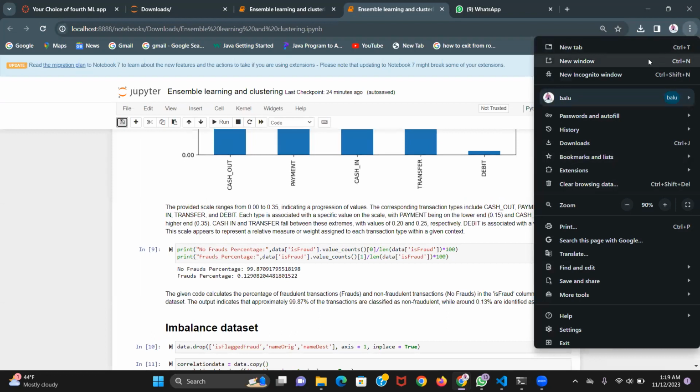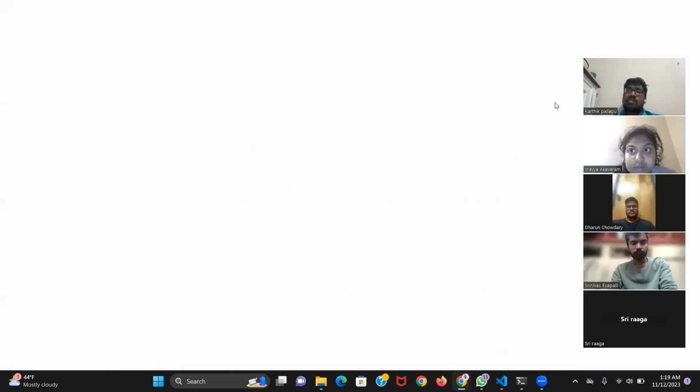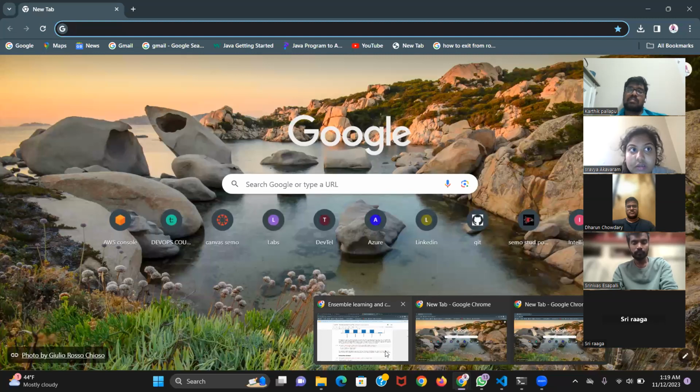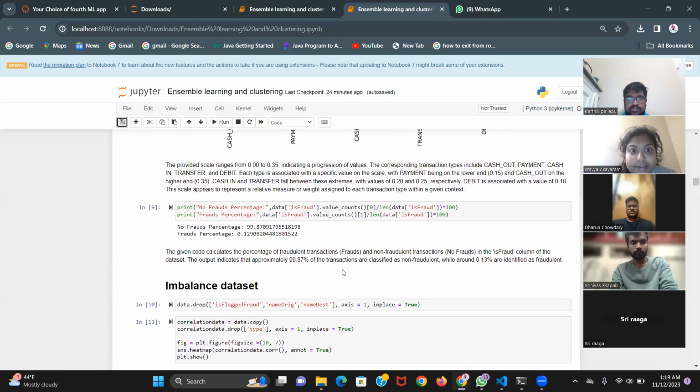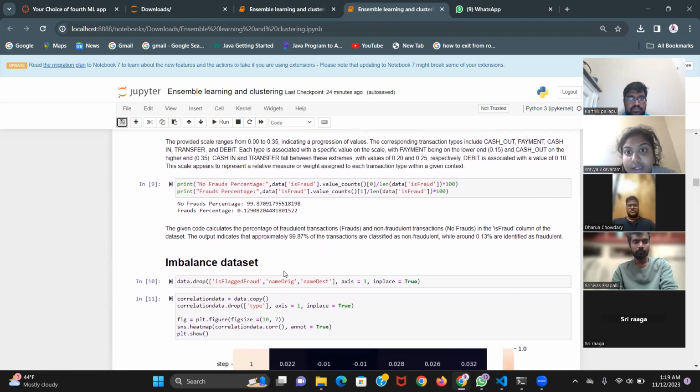And the debit is associated with these ones. The cash in and transfer fall between these extremes, like 0.20 and 0.25 respectively, and the debit is associated with a value around 0.10. This scale appears to represent a relative measure of weight assigned to each transaction type.